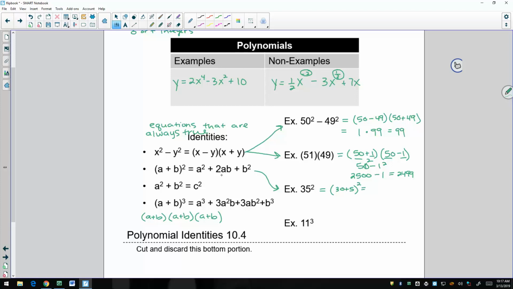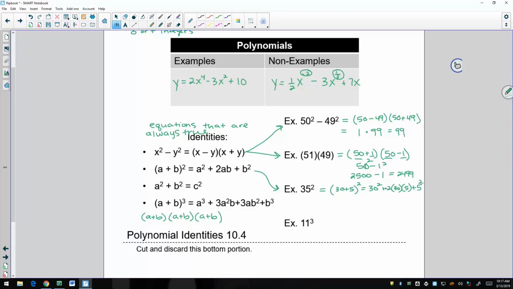Well, if I use this identity, it says take your first number, which is the a in this case, and you're going to square it. So that's 30. So you're going to do 30 squared plus 2 times your a, which is 30, times your b, which was 5, and then plus b squared, which is 5 squared.